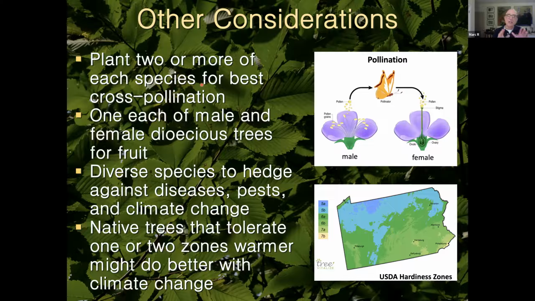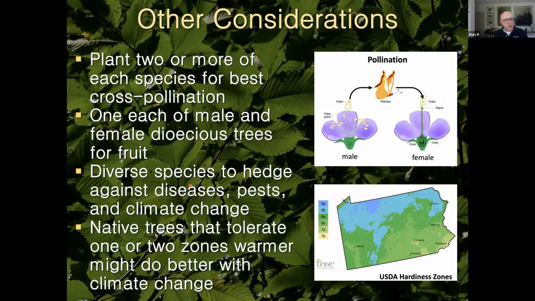A monoecious plant is one that has separate male and female flowers. And a dioecious plant is one that has male flowers on one tree and female flowers on the other tree. But even the trees that have perfect flowers don't like self-fertilization if they don't have to do it. It's like a last-ditch resort. So all of them produce better seeds and fruit when they have cross-pollination with another tree of their own species. Of course, if you do have dioecious, you want one male and one female if you want fruit.